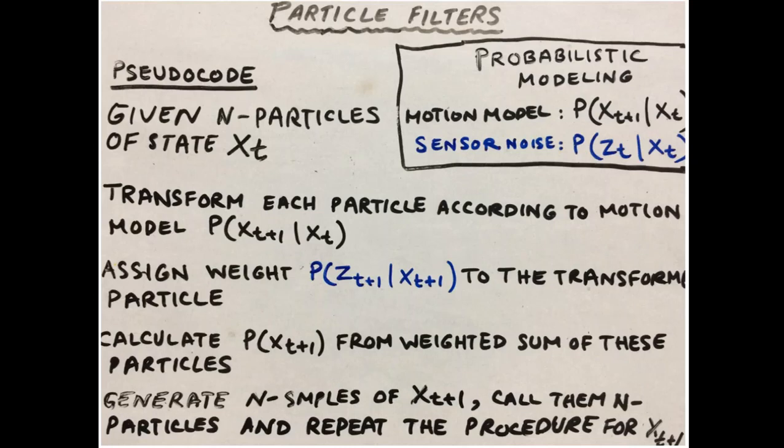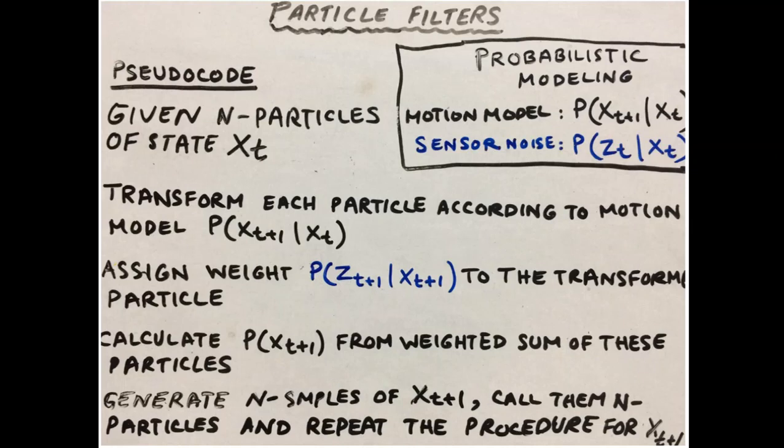Then we are going to assign a weight to the transformed particle, and the weight is again a probability. This probability comes from the sensor model: the probability of z, the sensor output at time t plus 1, given the state variable xt plus 1.